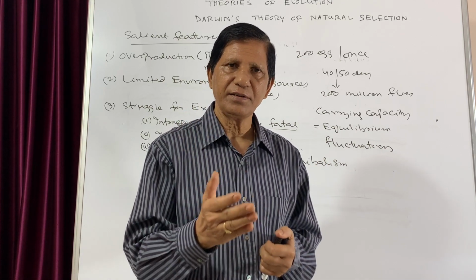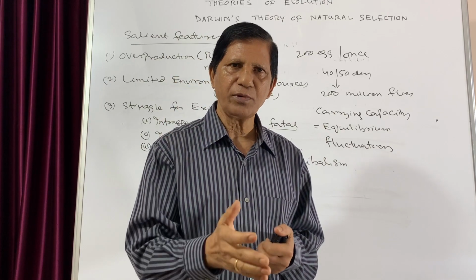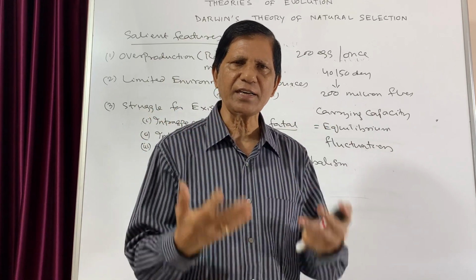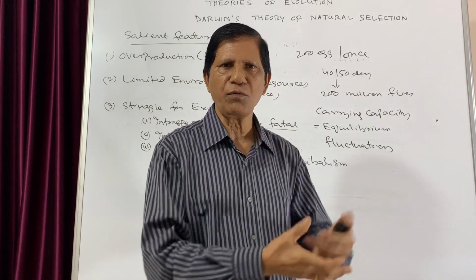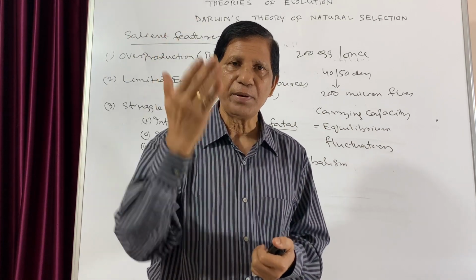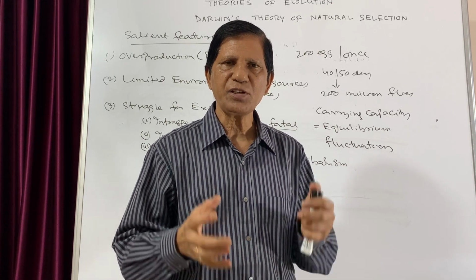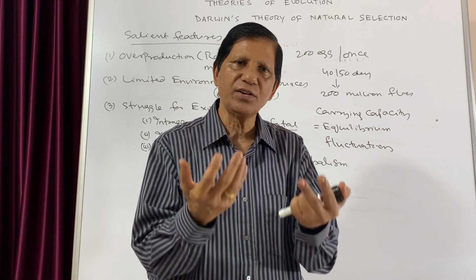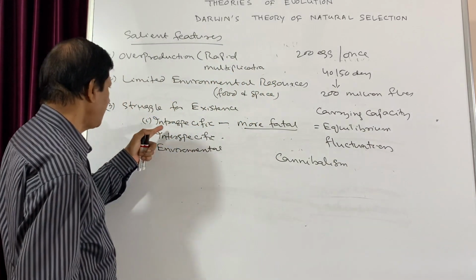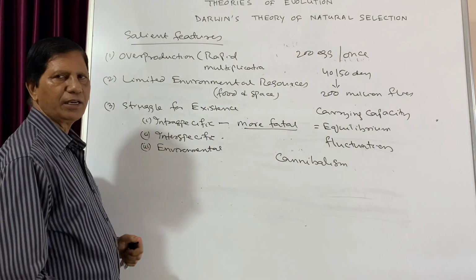It may be light, water, cyclone, earthquake, any type of disaster or catastrophe. Suppose there is snowfall, we also have to face it. Suppose there is famine, drought, a storm, an earthquake. The organisms have to face all these struggles also. So the struggle for existence is mainly of three types: intraspecific, which is very fatal, then interspecific, and environmental.